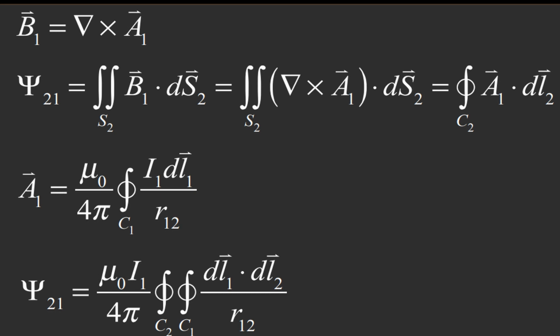And here are some symmetry conditions. We know that the B field is the curl of the magnetic vector potential A. We can also write flux φ21 using the curl of A integrated over the closed surface.